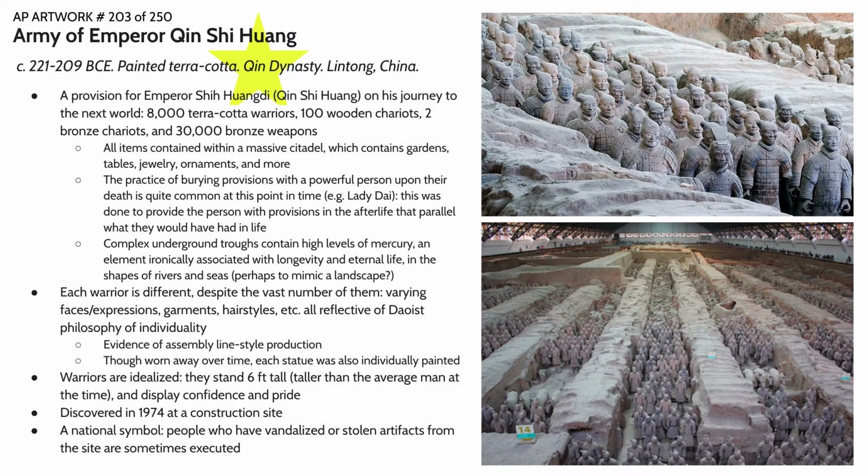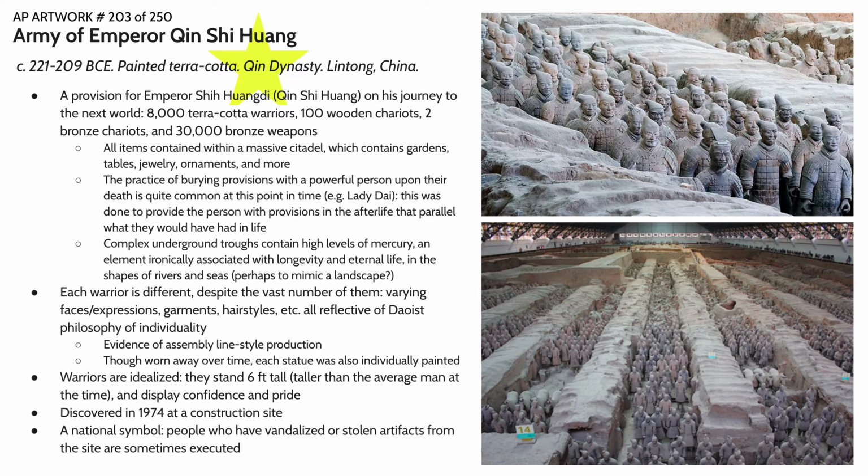A super interesting thing about the armory of Emperor Qin Shi Huang, all these individual terracotta soldiers, is that they are each different. There's a lot of misconceptions about the terracotta army because they were created in part in this assembly line fashion.